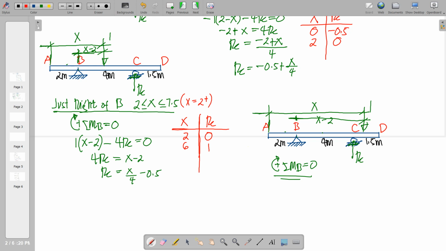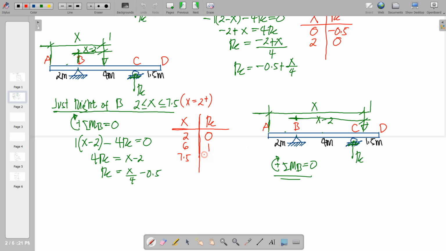So I think we can continue this one, 2 to 6, and then from 6 up to x equal to 7.5. So when x is 7.5, what will be the value of RC?